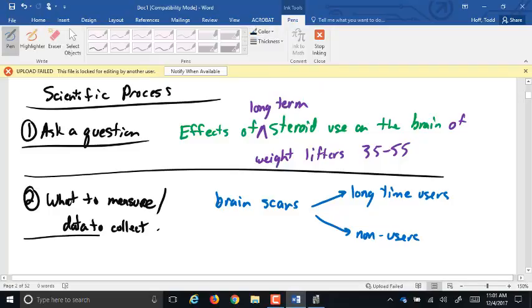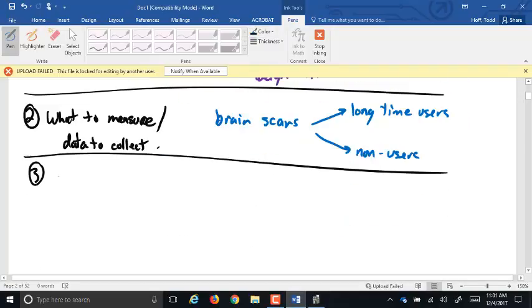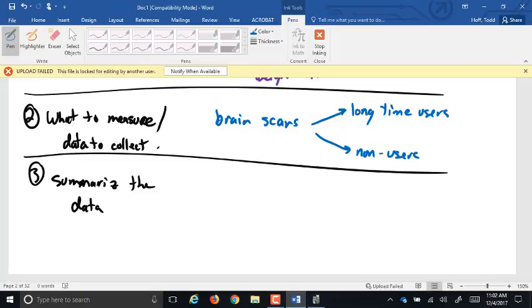Step 3 then was to summarize the data. And as they summarized the data, what did they find about the effects, the differences between the brains of those who took steroids and those who didn't?